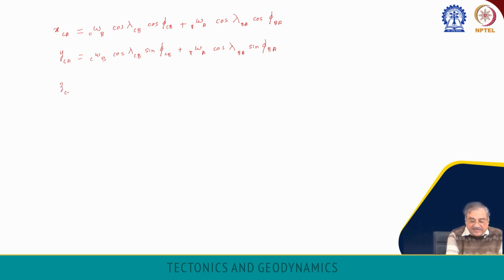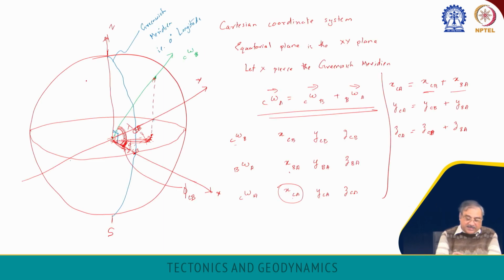Now, what about ZCA? ZCA is obviously ZCB plus ZBA. In this case, it is the sine component. From here, all we need to do is drop a perpendicular onto the Z axis directly from this point. So what is this angle? This is 90 minus the longitude here.